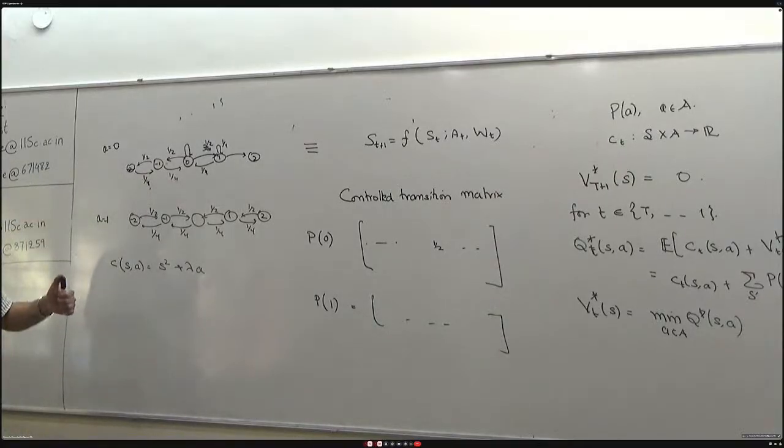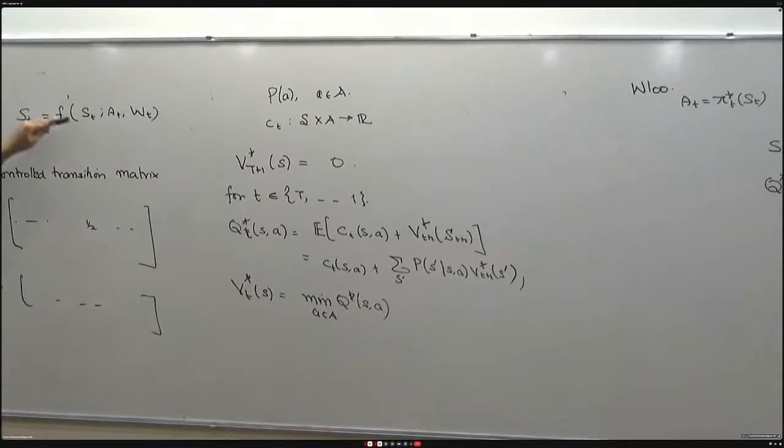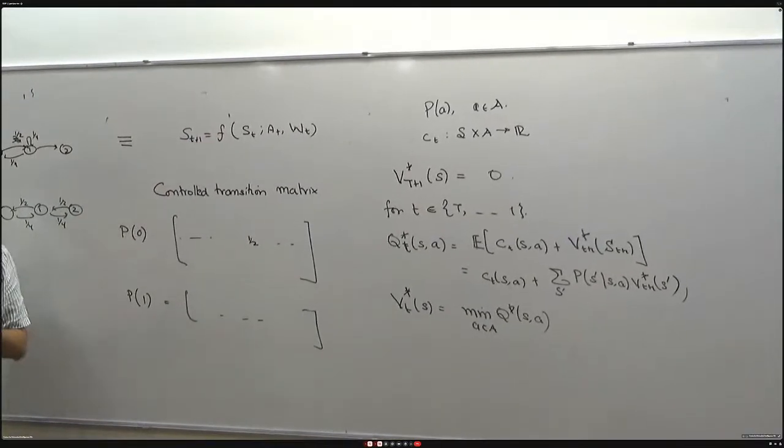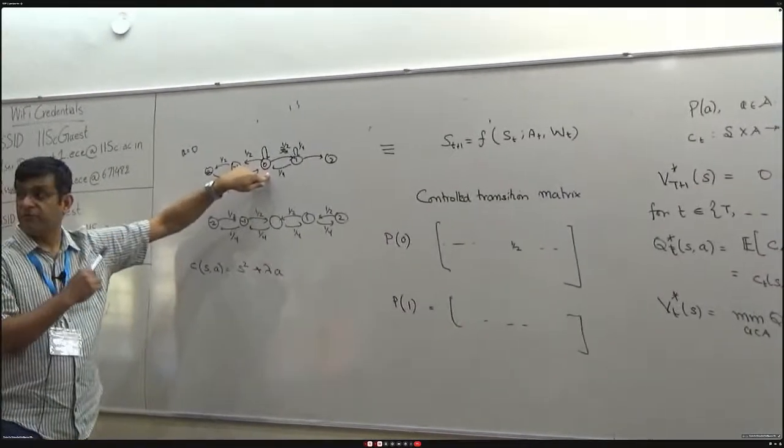Does anyone want to give an intuition for why I can go from a Markov chain model to something like this? So if I give you this chain, right? I say from state 0, if I take action 0, I'm going to this guy with probability half, this guy with probability half, so there is no self loop here. Can I construct a function f which will do that?